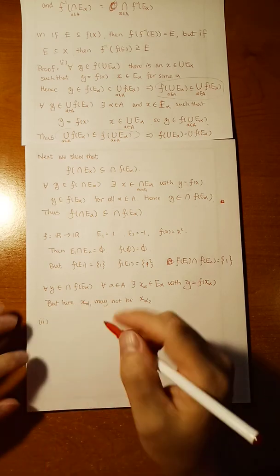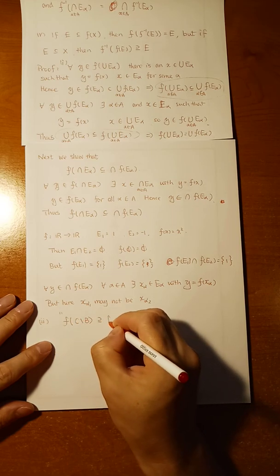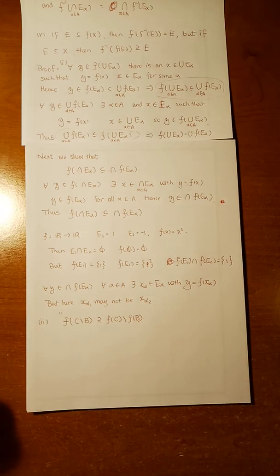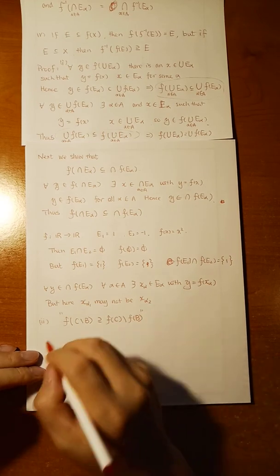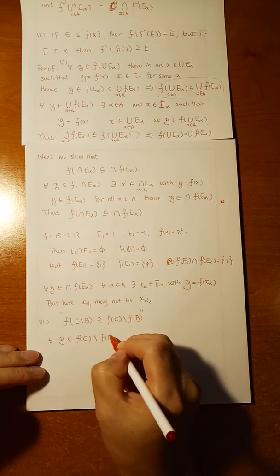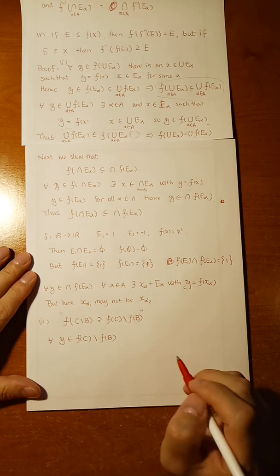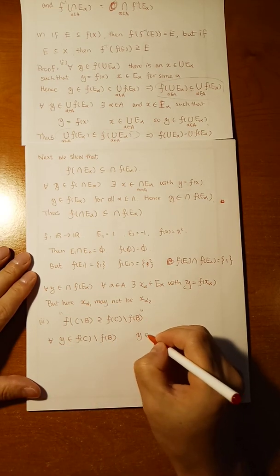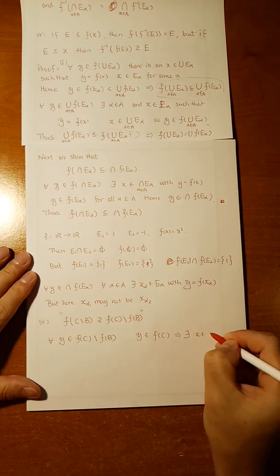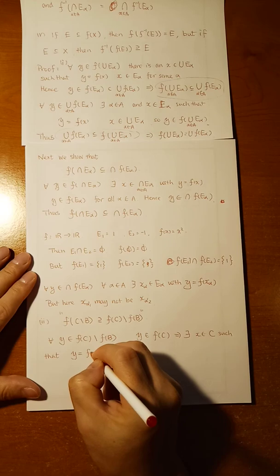And for the second part, we are going to show that f(C) without f(B) is a subset of f(C without B). For all y in f(C) but not in f(B), y in f(C) implies there exists an x in C such that y is equal to f(x).